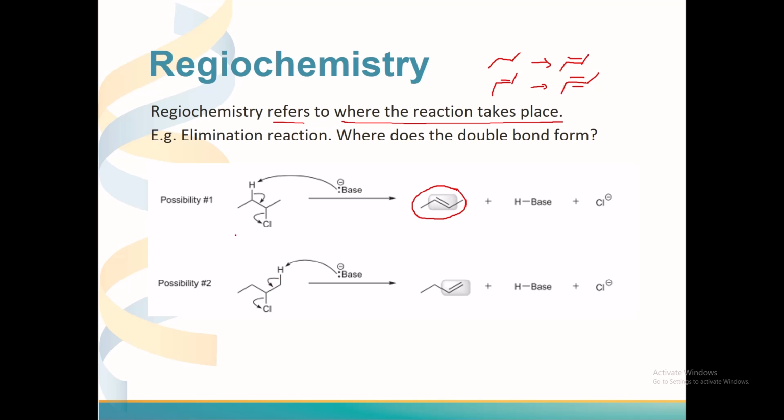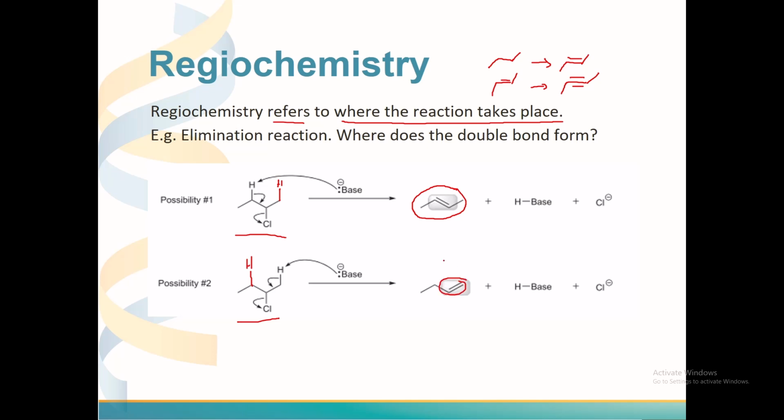This is the same molecule, the only difference is that this one doesn't write the hydrogen. If you wish, you can also write hydrogen here. It's the same. So from this single molecule alone, you could get both products.